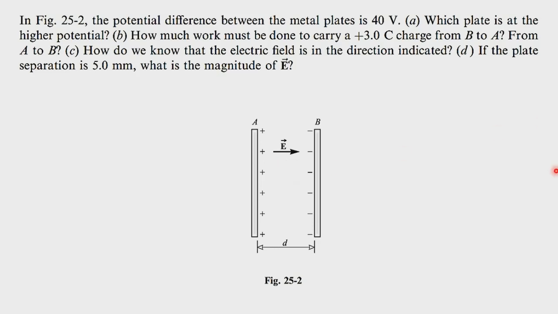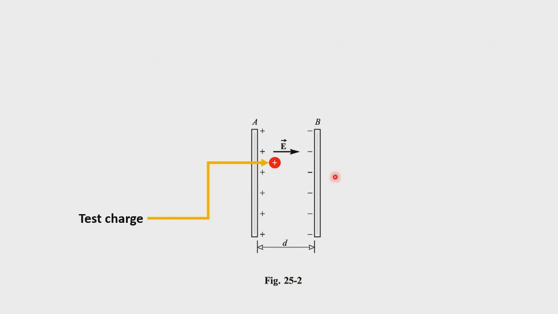And so for example, if this is the test charge with a value of positive 3.0, we will now be trying to answer letter A. So that will be our test charge. Which of the two plates will have the highest potential?